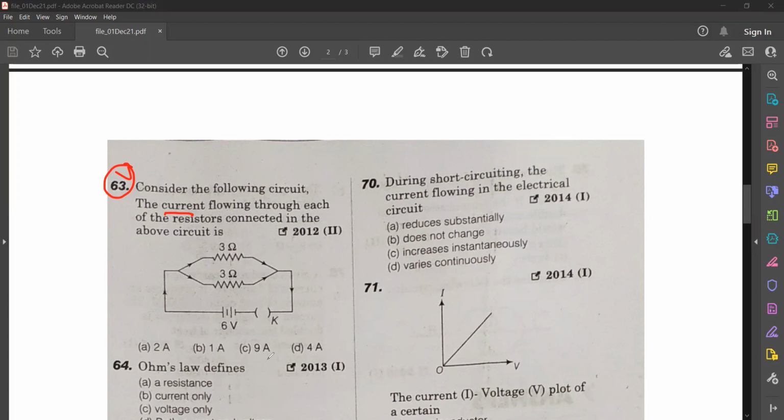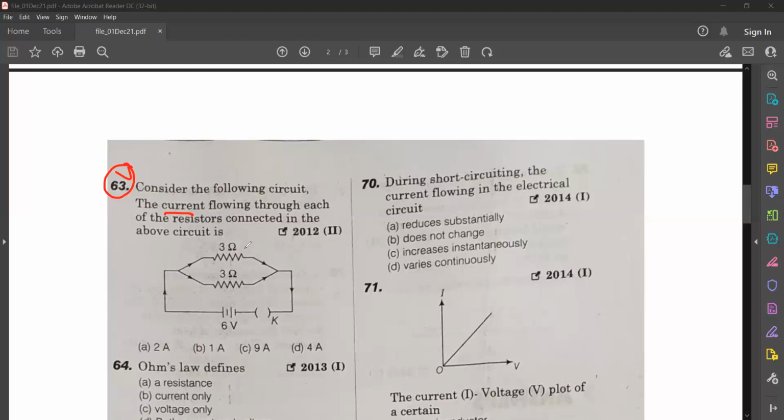Try and comment the answers. So what is the answer you are getting?